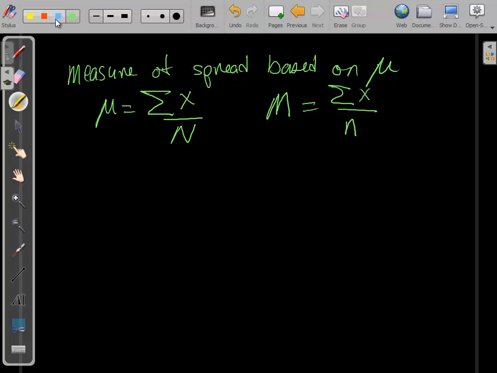When we want to construct a measure of spread based on this, we want to also incorporate that idea of adding up a list of observations and dividing by that number of observations.